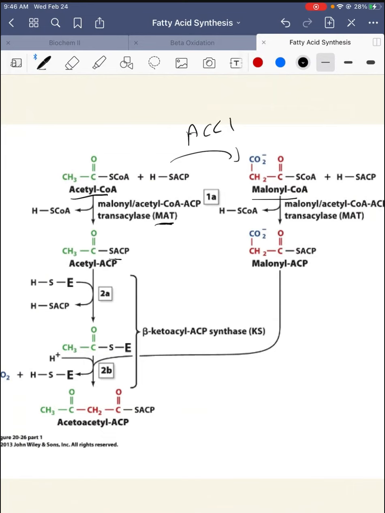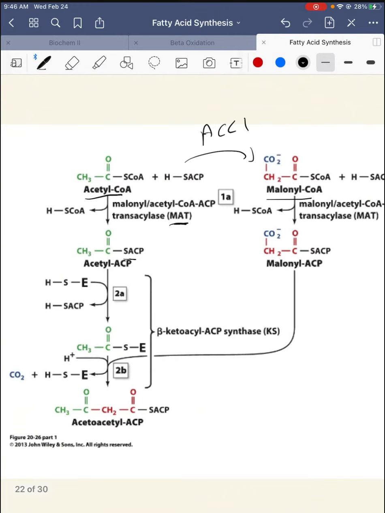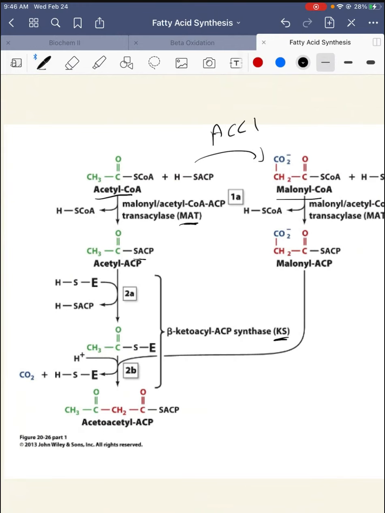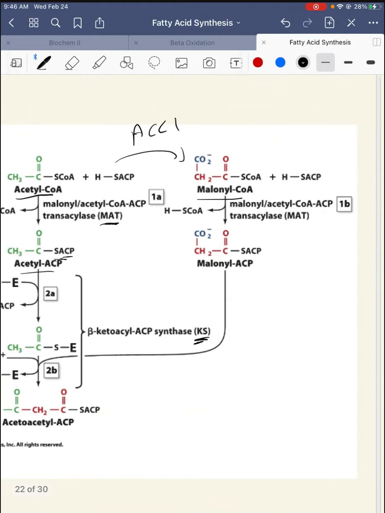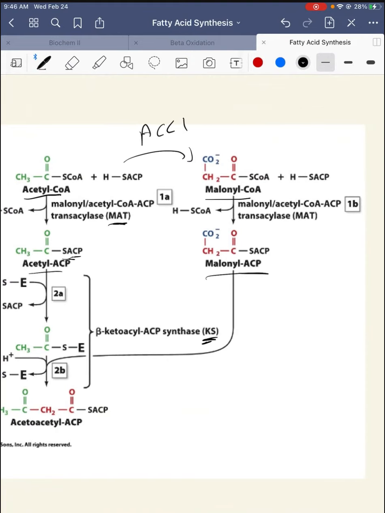So it attaches it to ACP, and then the next 2 reactions kind of happen at the same time. KS takes acetyl-CoA and transfers it to a sulfhydryl site in the enzyme. In that process, the ACP site frees. So then malonyl-CoA binds to the ACP site by MAT as well.